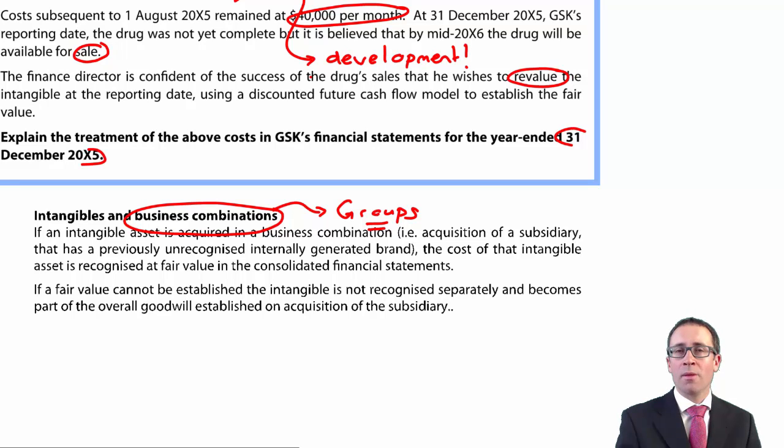There's new accounting treatment that we have to adopt, and the accounting treatment of your intangibles becomes ever so slightly different, particularly for those intangibles that were not previously recognized. So things that were expensed, such as research, money spent on brands, money spent on mastheads, we might look to change that accounting treatment, but only when it comes to group accounts. So don't stress too much about it for now. We'll talk about it again a little bit later when we get into group accounts.